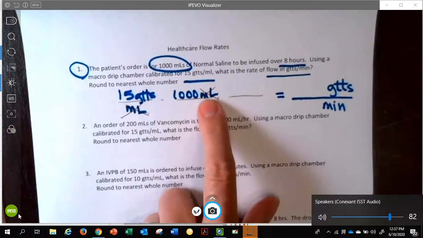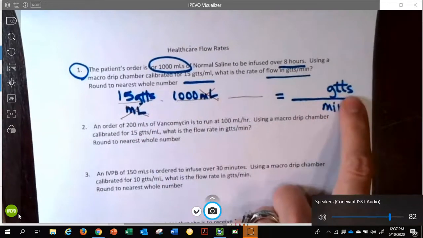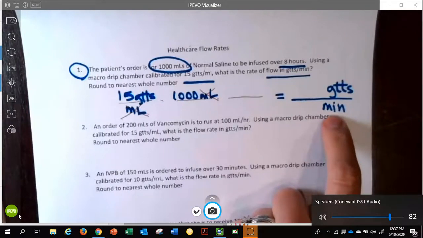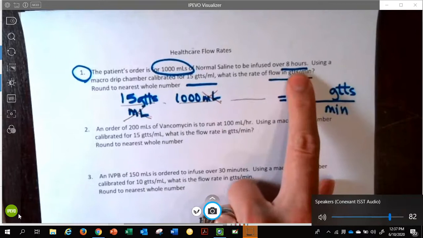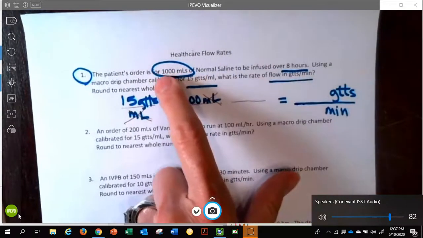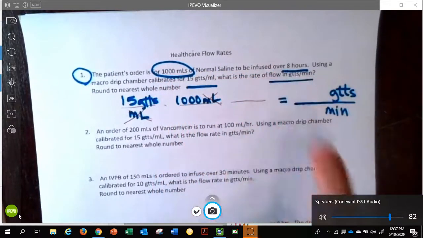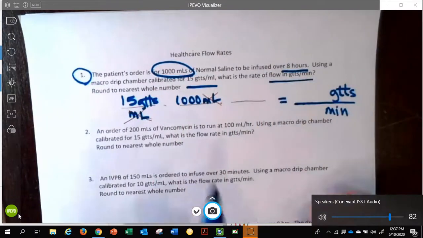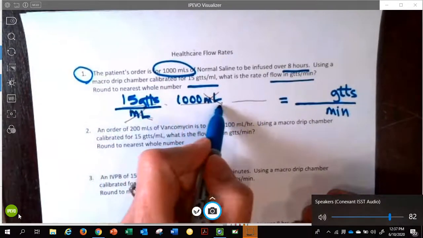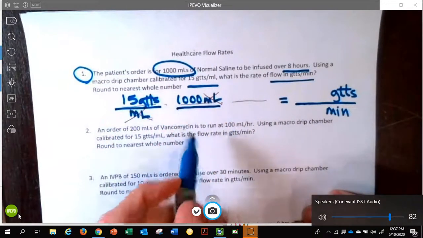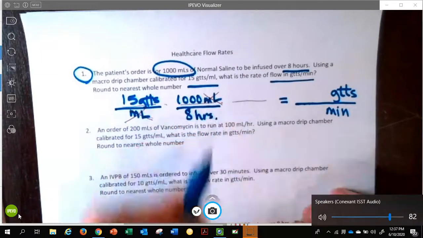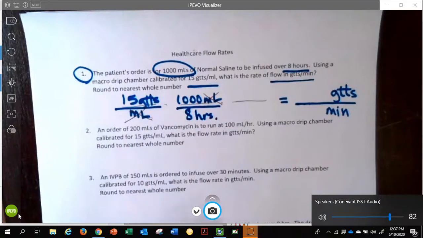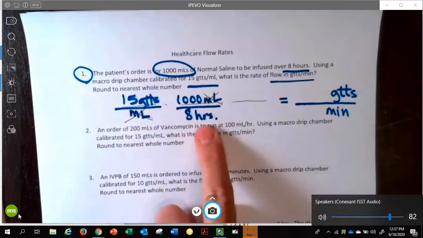My milliliters are gone. My GTTS, they're still there, but I'm missing some minutes. I do have a unit that has hours, and it says that this 1,000 milliliters is going to be infused over 8 hours. And another way to say that is 1,000 milliliters per 8 hours. That gets me my division bar. Well, that's pretty exciting, but I don't need GTTS per hour.